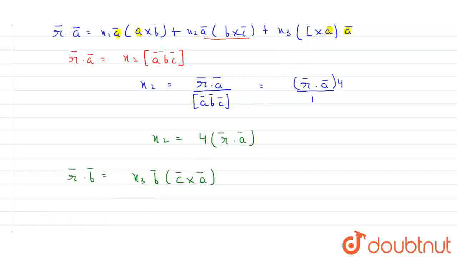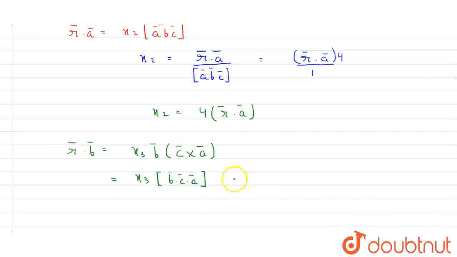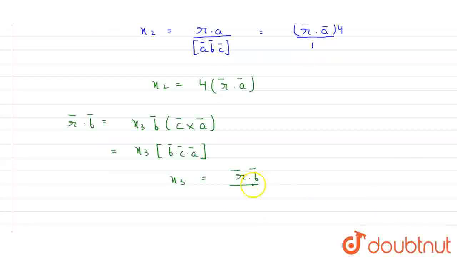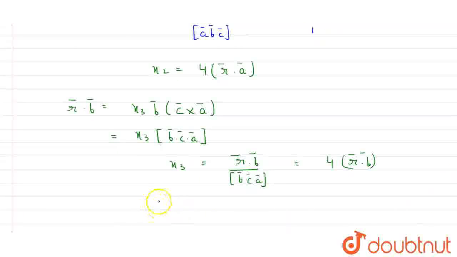So on solving this, I'll get x3 times [b c a]. Now again x3 will be equal to r dot b divided by [b c a], or [a b c], this is the same, okay? And its value is 1 upon 4. So here I'll get r dot b multiplied by 4, like we did for the previous one. So I got the x3 value also.